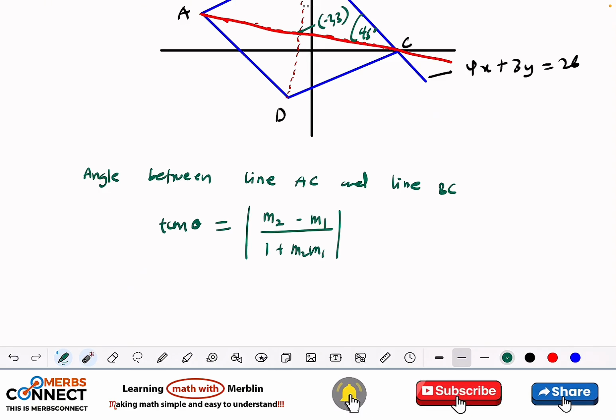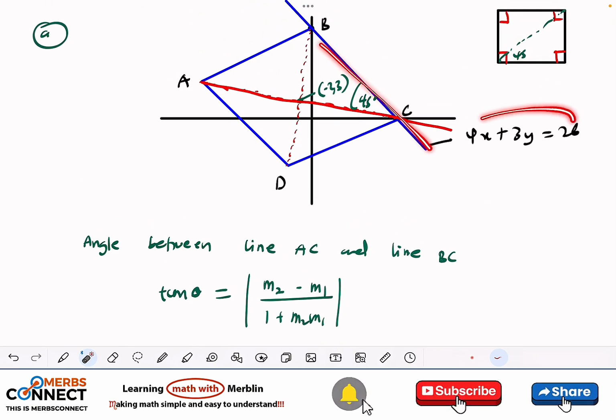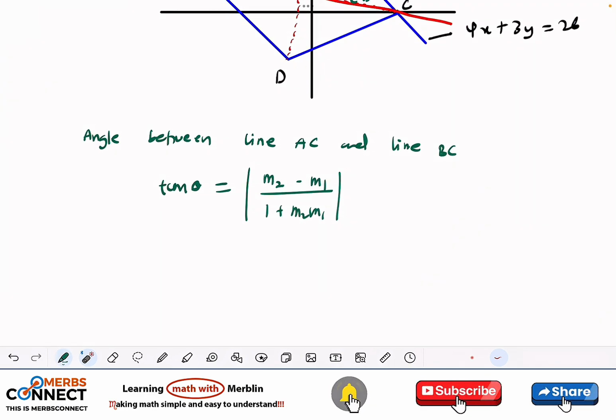Now theta is 45, and we will get one of the slopes from this line here, because we know line BC to be this equation. Let me assume that this line is line BC, and let's name its slope M2. We can name it M12 as well. As I said, the absolute value will take care of the minus.